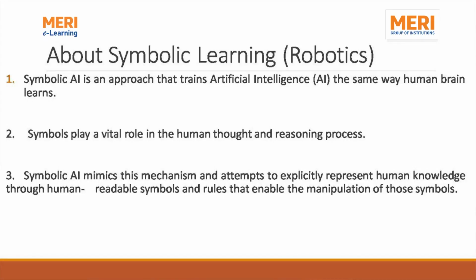Symbolic AI is an approach that trains artificial intelligence the same way the human brain learns. Symbols play a vital role in human thought and reasoning processes. Symbolic AI attempts to explicitly represent human knowledge through human readable symbols and rules that enable the manipulation of those symbols.